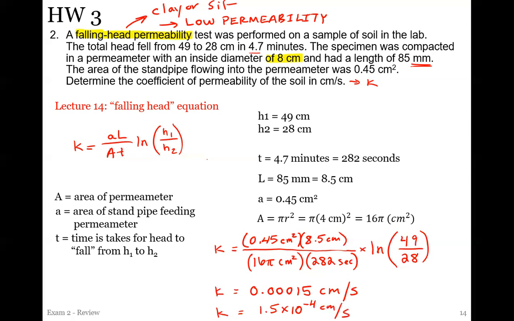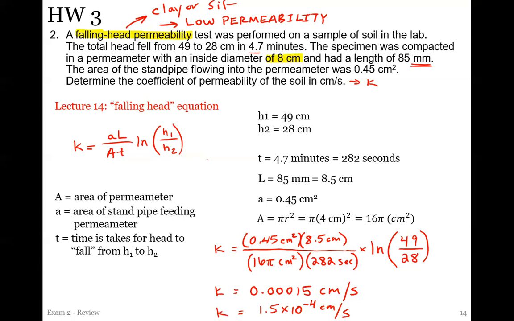So this is always a good check. These K values for falling head should be really small, right? They should be like decimal points in your centimeters per second. If you have a really large number, then double check all your values here. Just universally, we usually show permeability in centimeters per second. Times 10 to the negative 4 is usually a good fine grain that's still pretty permeable. Some of these clays are like times 10 to the negative 8 and 12 and stuff.